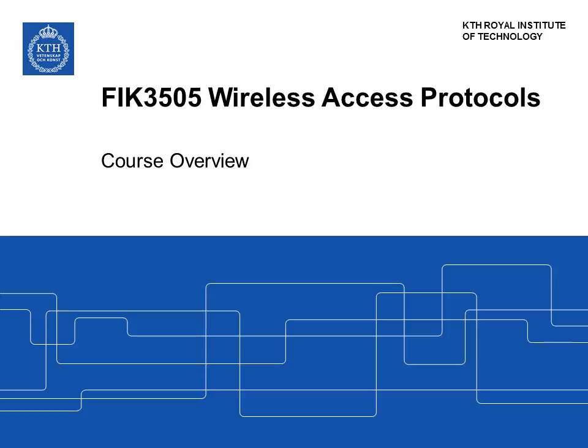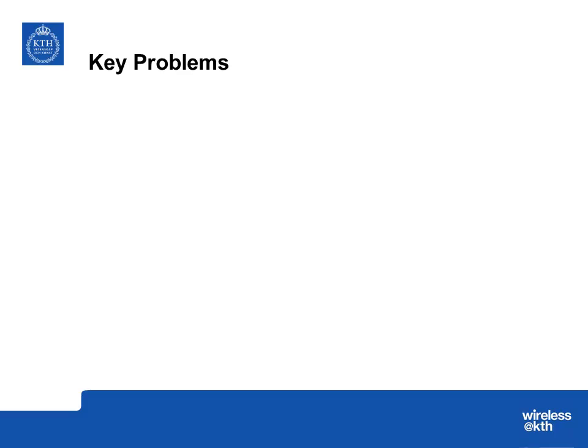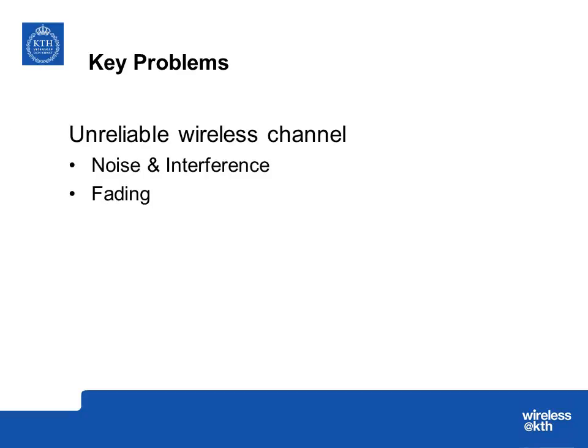Now let's have a look at the particulars of the course. There are mainly two types of problems that we will address in this course. First, we briefly have a look at the problem with the unreliable wireless channel. This is dealt with in communication theory, but we give a brief recap related to data transmission.